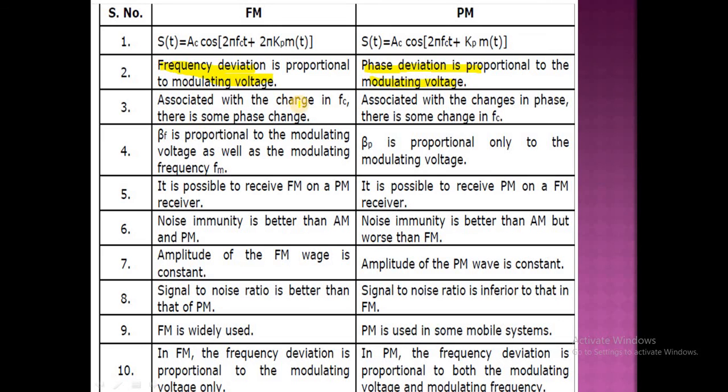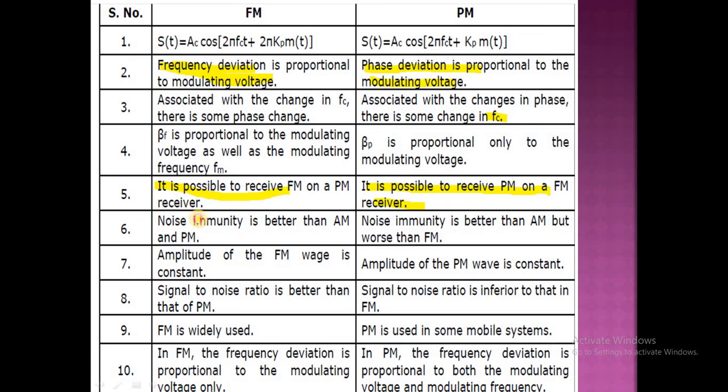It is associated with changes in phase. There is some change in the fc. Okay. Another important point is that it is possible to receive FM on a PM receiver, and it is possible to receive PM on an FM receiver.